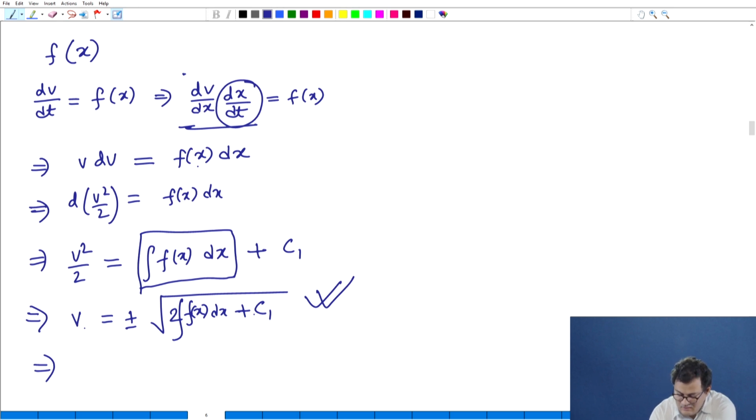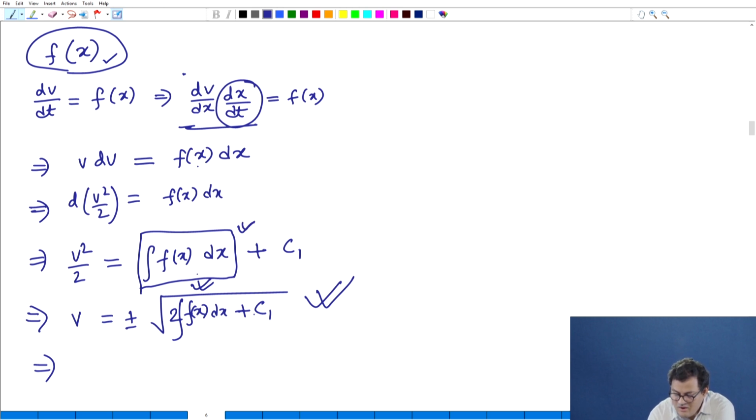Now, you have something which can be at most a constant or a function of t. That is the possibility. Since our initial assumption is f is just a function of x, then t also will not come here. So, here you are actually saved.